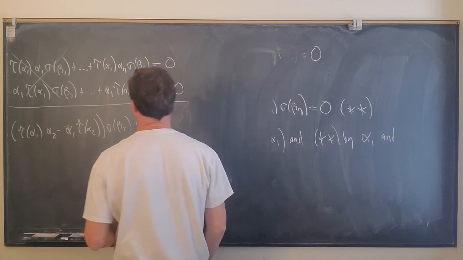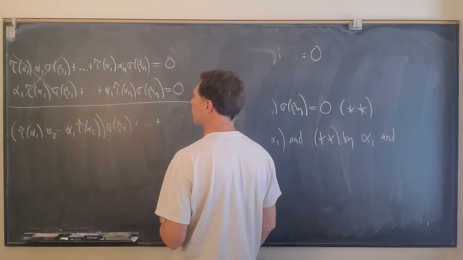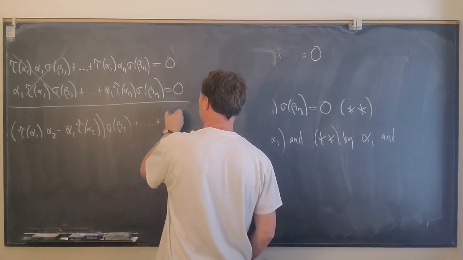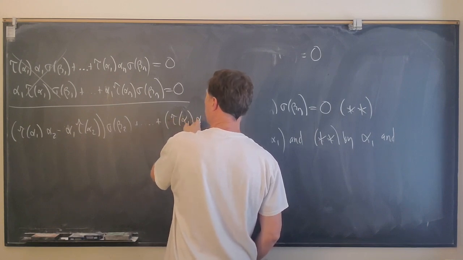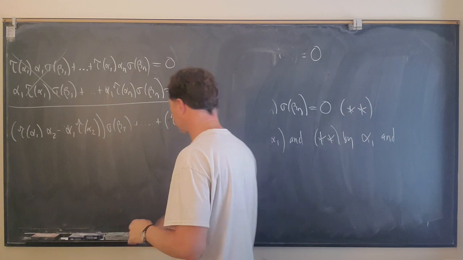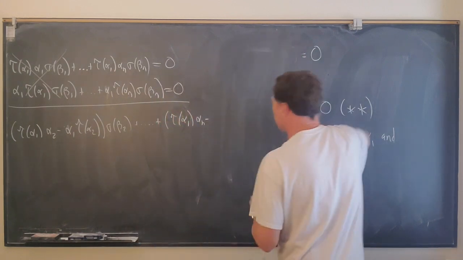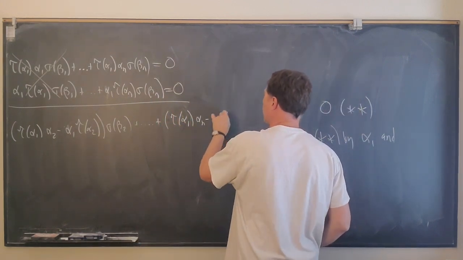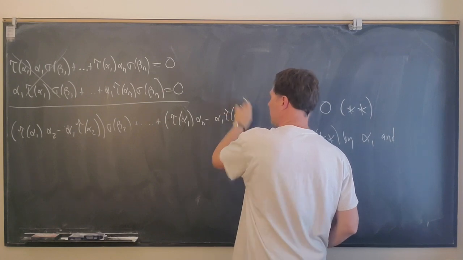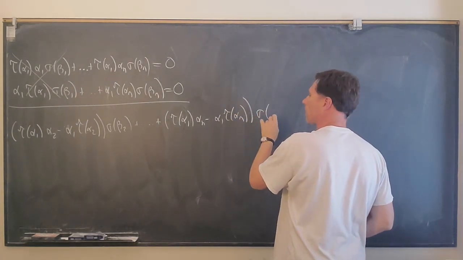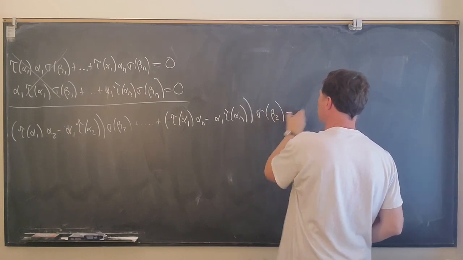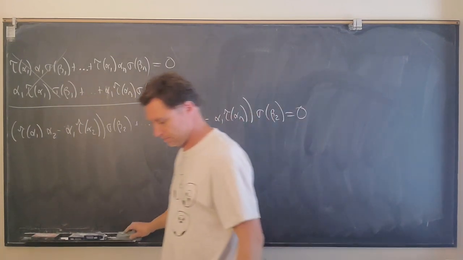And so the last one is going to be tau alpha 1 alpha n minus alpha 1 tau alpha n times sigma beta n, and that's equal to 0.